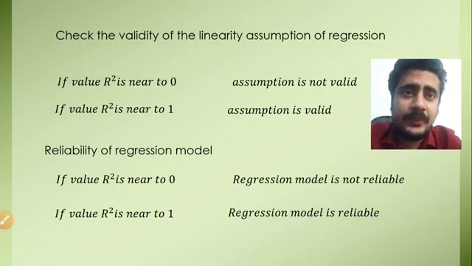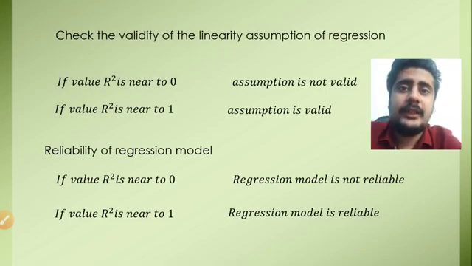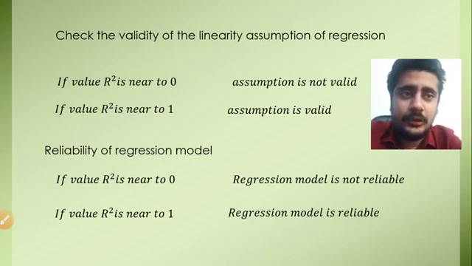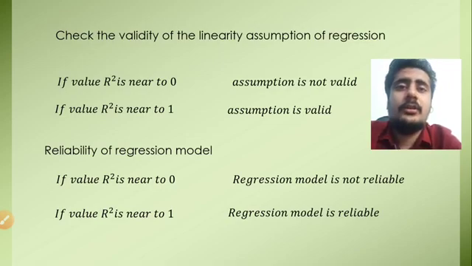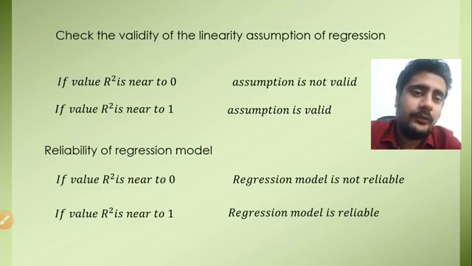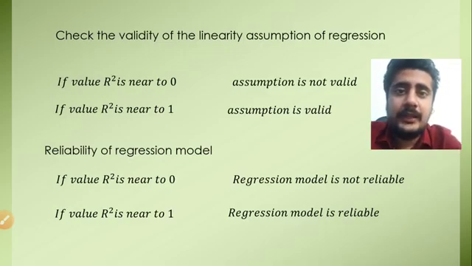After reading this line, first of all you have to remember that you have to find r square, whether it is mentioned separately or not. I mean to say that if the question does not ask to find the coefficient of determination but has the line check the validity, then you have to find r square.